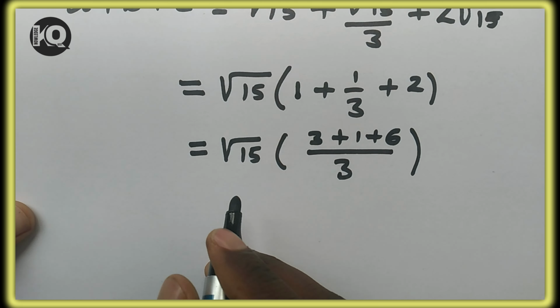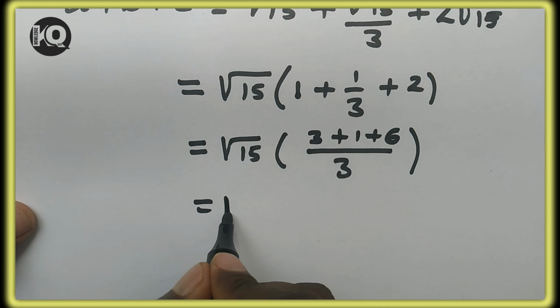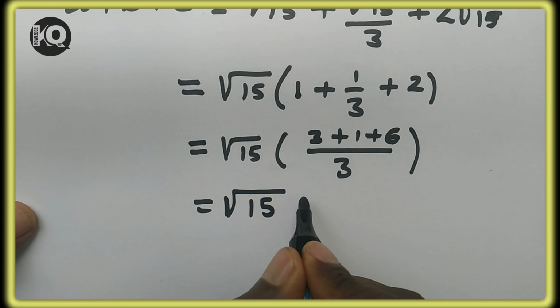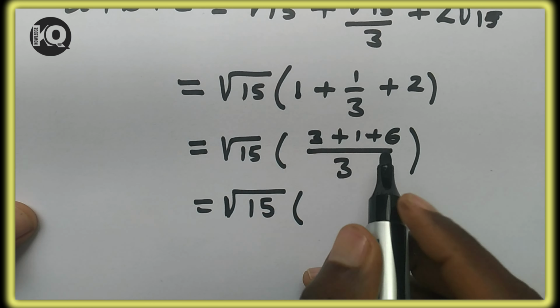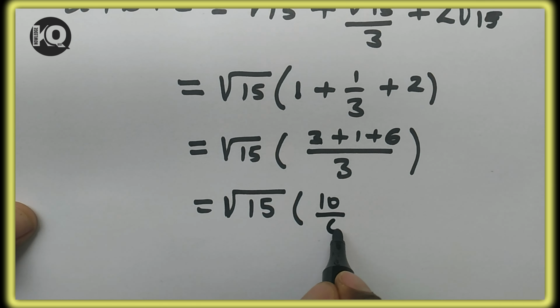And finally we have the square root of 15 into 3 plus 1, 4 plus 6, 10 over 6.